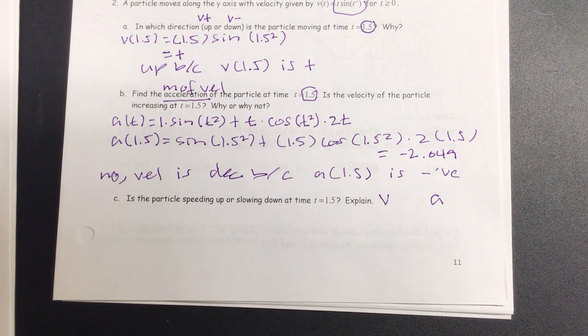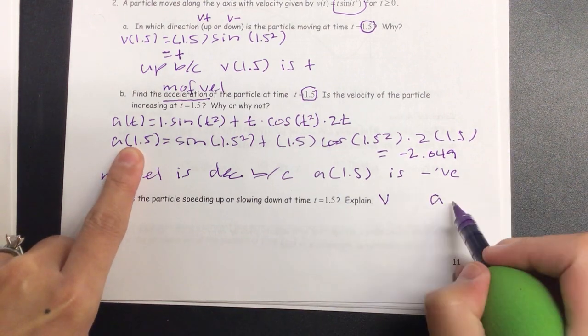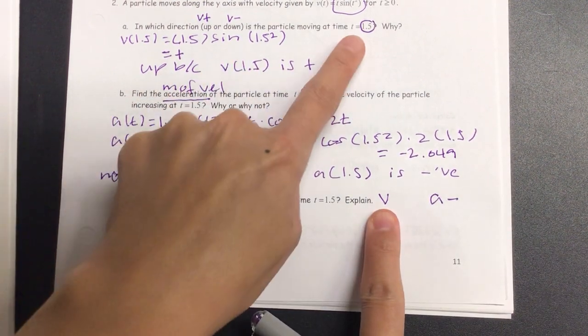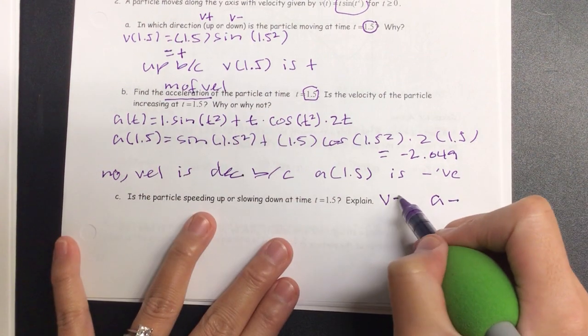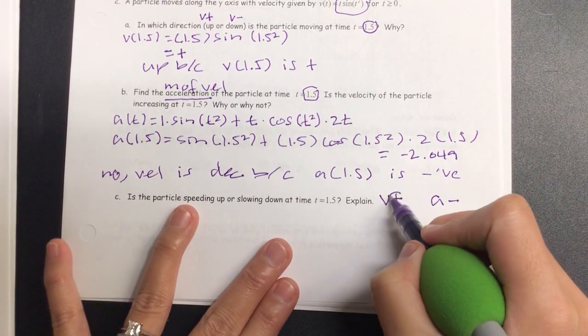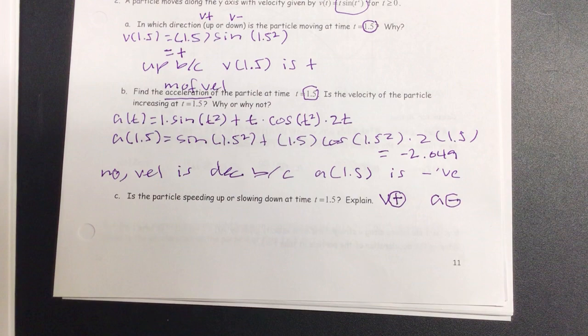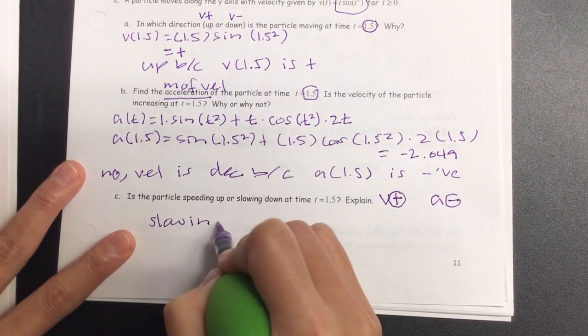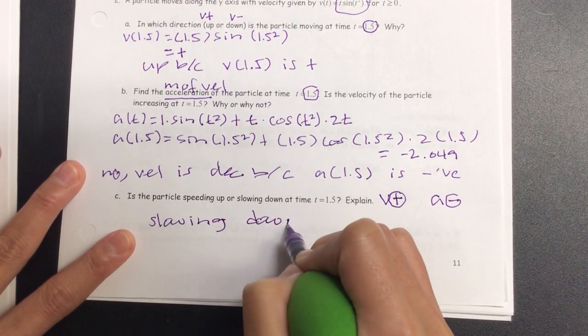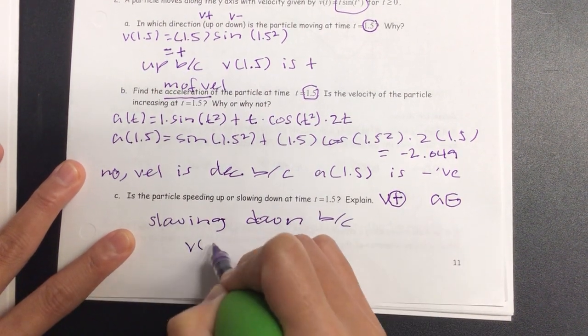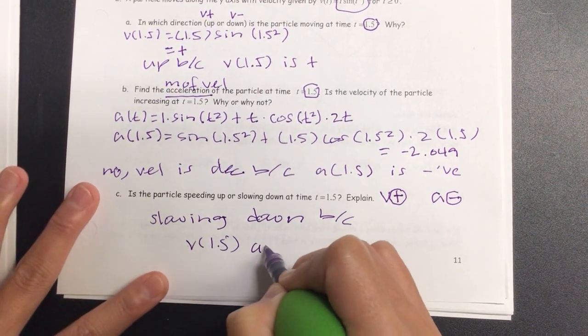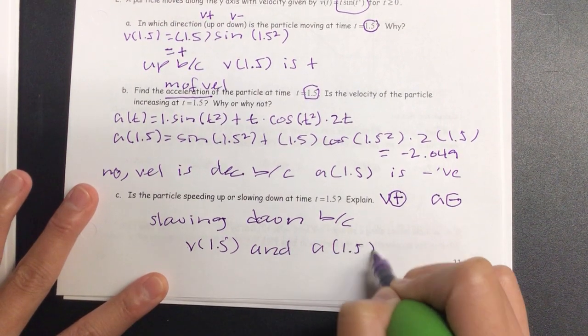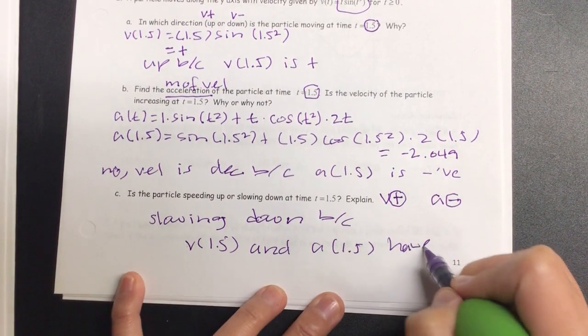At t equals 1.5, my acceleration is negative, right? And velocity at 1.5 is positive. So I'm kind of pre-teaching. If your velocity and acceleration have opposite signs, it is always slowing down. So let's write slowing down because v of 1.5 and a of 1.5 have opposite signs.